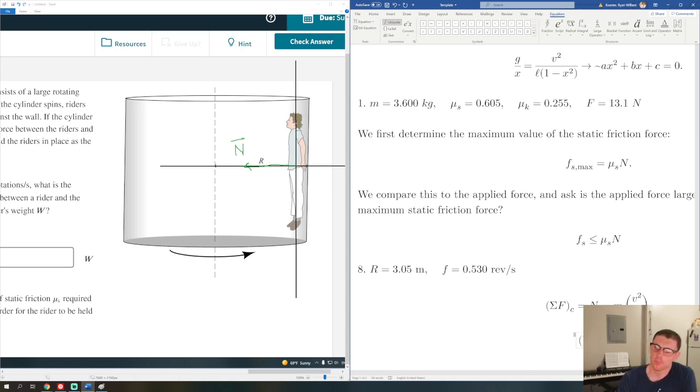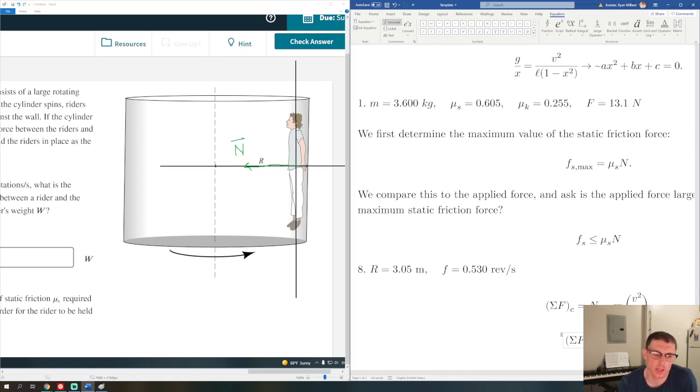So how do I fill this in? Yeah, so that'll be the gravitational force, right? So we could write negative mg. Now, that can't be all there is, though, right? Because the guy is not accelerating.